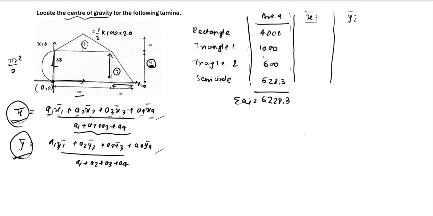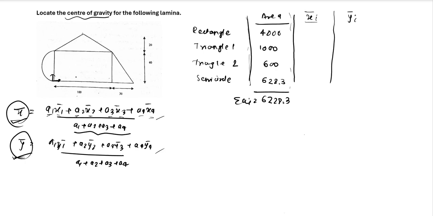So any question based on center of gravity, you need to do this essentially. So we have x1, which will be the rectangle's center of gravity in the x direction. So let us just rub this. You have this as your coordinate system.